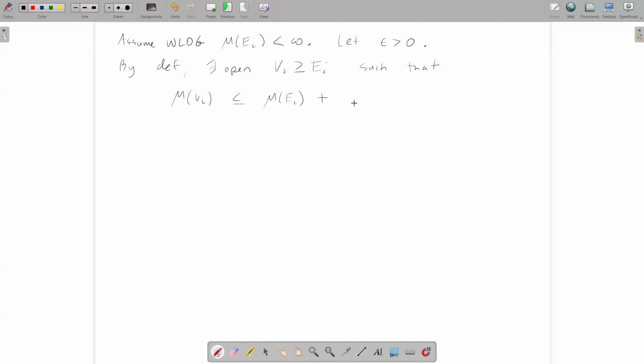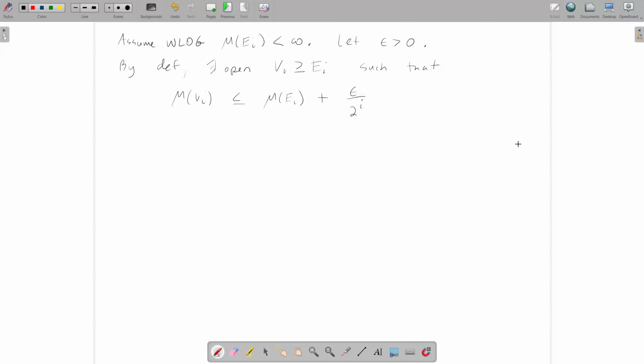So I could say plus epsilon here, but Rudin doesn't want to say plus epsilon because remember, what we want to do in the end is add all these together. So we don't want to be adding epsilon to itself infinitely many times, or that value is going to get out of control. So we control it with an extra factor that we're allowed to put in because we can do this for any epsilon. So specifically what we're going to do is epsilon over 2 to the power i. Okay?